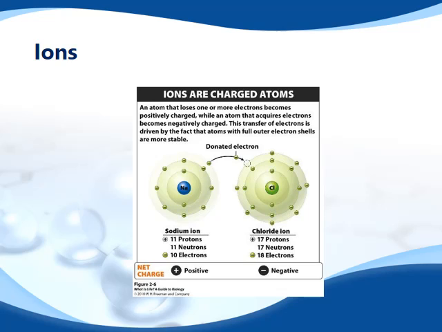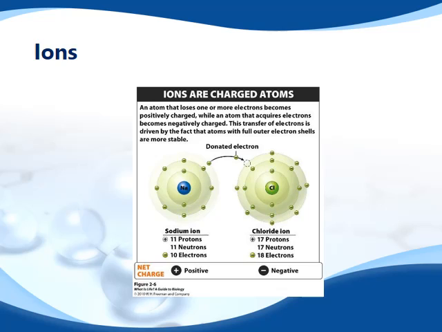So let's look at the following example. Here we have a sodium ion that has donated an electron to a chloride ion so that both of them can achieve a stable state in having their outer electron shell completely filled.